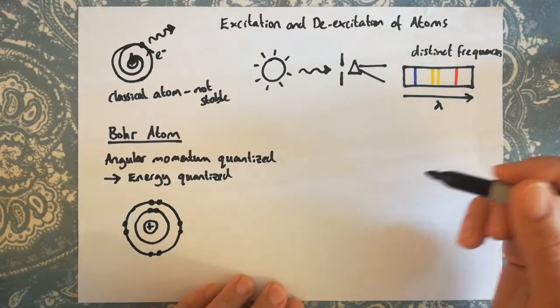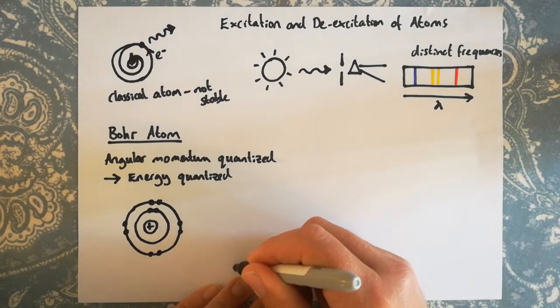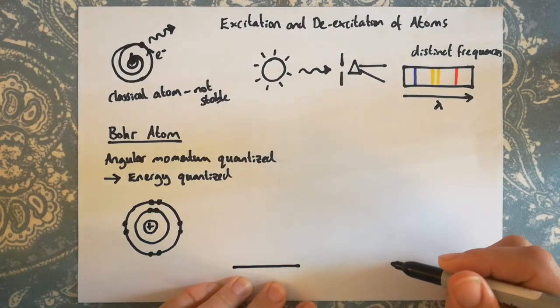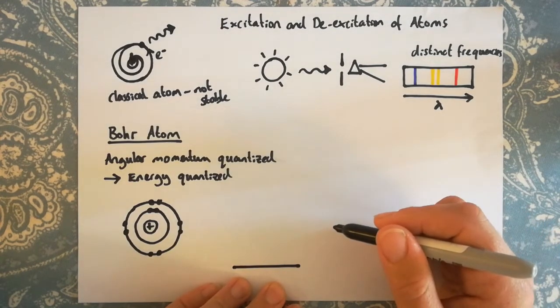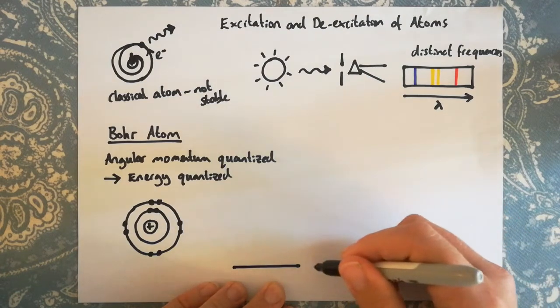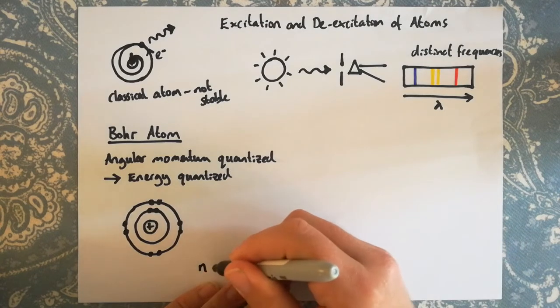So if we look at what the values of these energy states are, Bohr looked at the hydrogen atom initially as the simplest atom that we could look at.